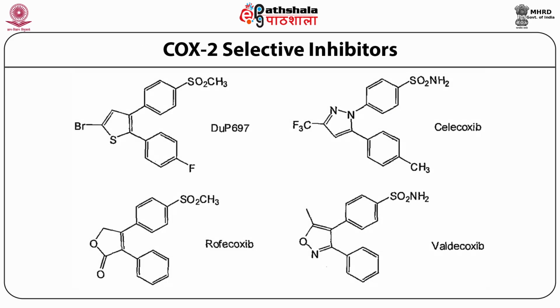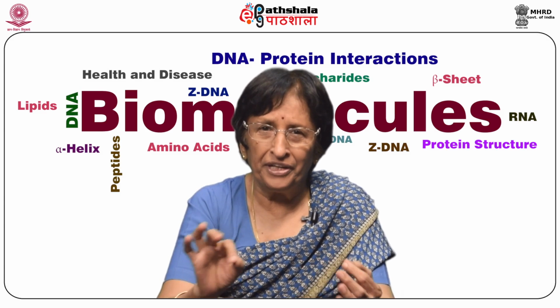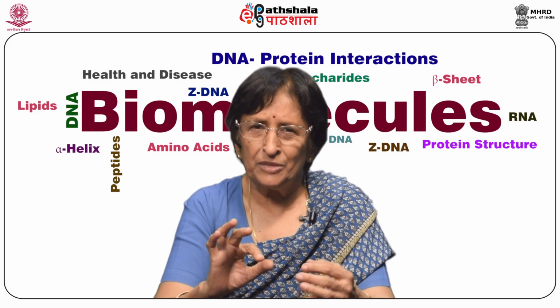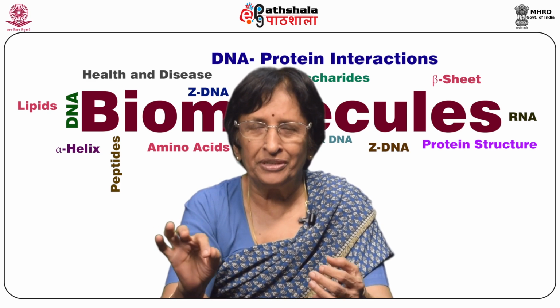This has been done in the design of COX-2 selective inhibitors. We show here four inhibitors: DuPont 697, Celecoxib, Tilmacoxib, Valdecoxib, and all of these interact better with COX-2 and cannot enter the COX-1 cavity. I would like to give you a very good example, a specific inhibitor for cyclooxygenase 2, that is COX-2.